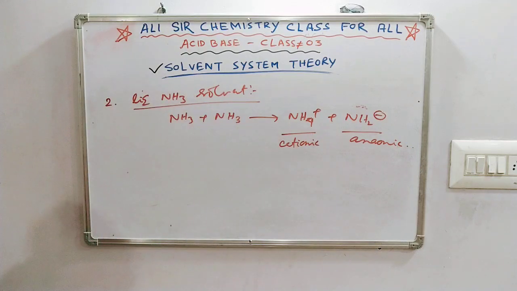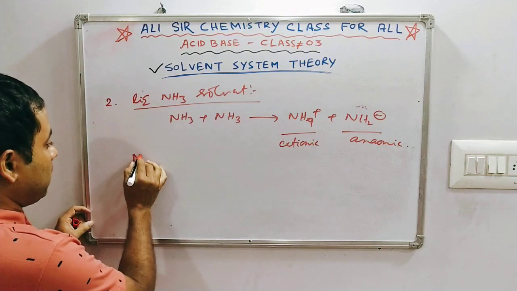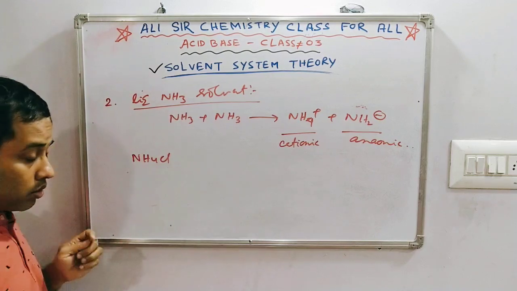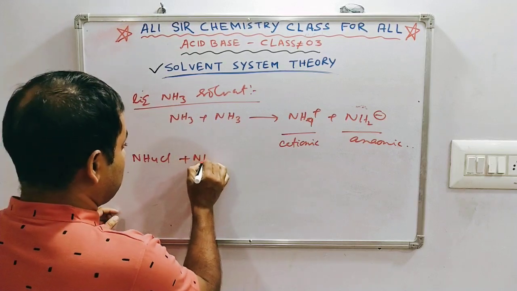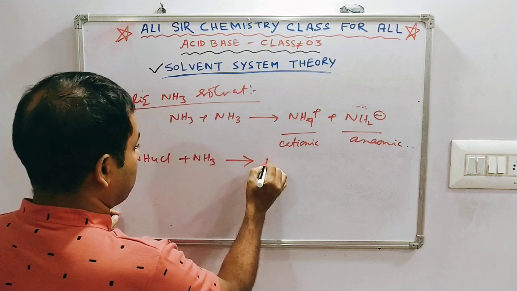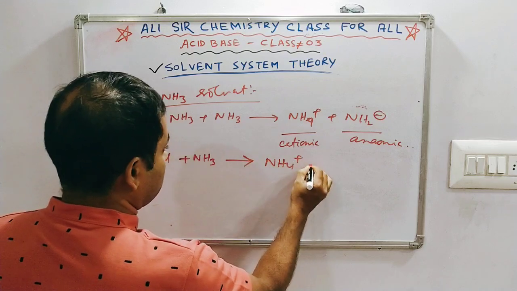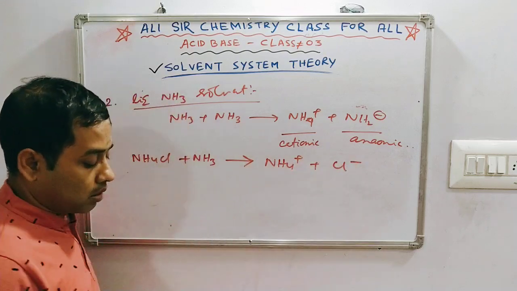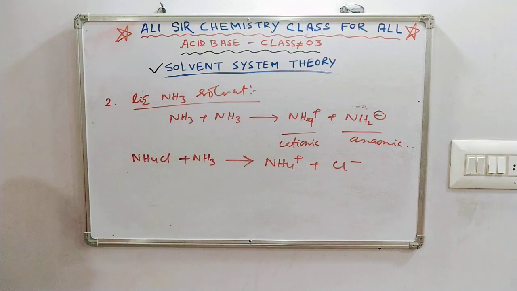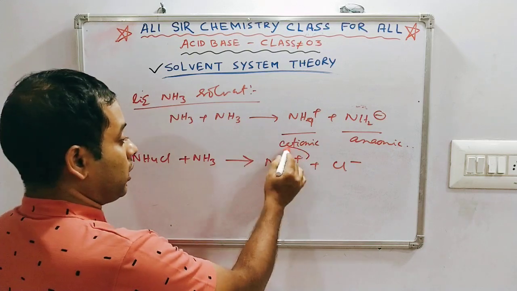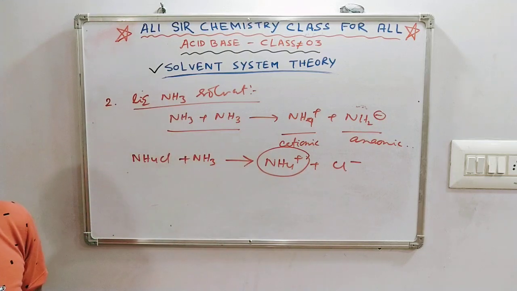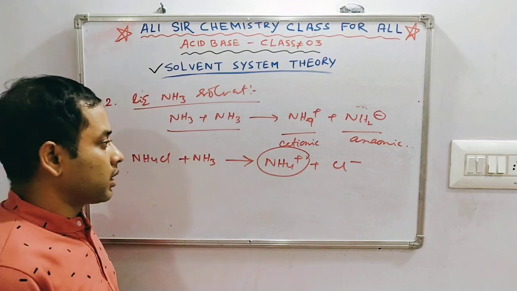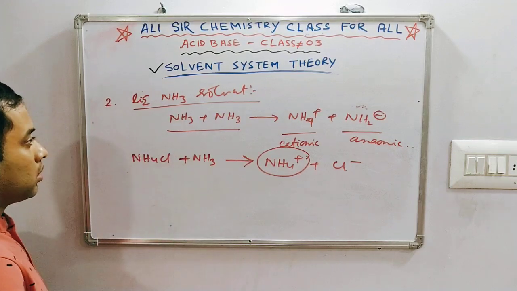Take an example of a molecule, say ammonium chloride. Ammonium chloride dissolves in liquid ammonia to form NH4 plus and Cl minus. So NH4 plus is the cationic part of the solvent ammonia. So ammonium chloride will act as an acid in liquid ammonia.